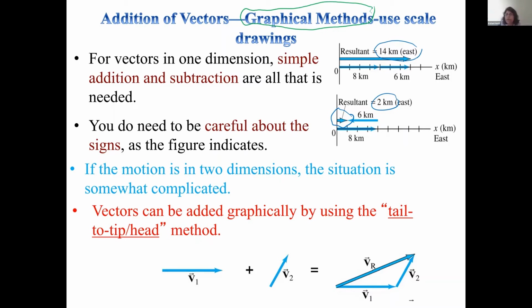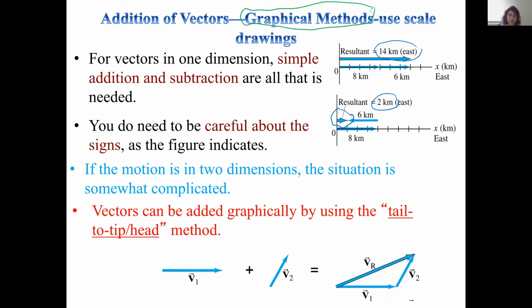But your vectors are not always exactly in the x and y direction, or exactly the same or opposite direction. They can stay in all 4 quadrants in your coordinate system, right? So now we're going to learn how to use the graphical method to add any number of vectors in any directions.